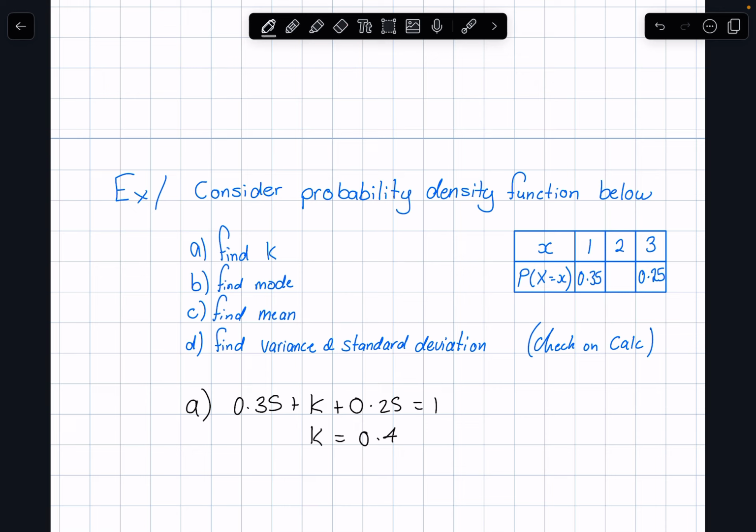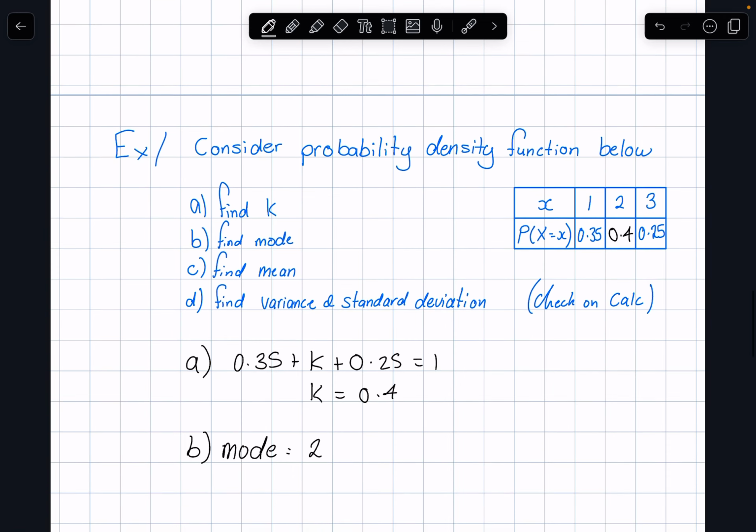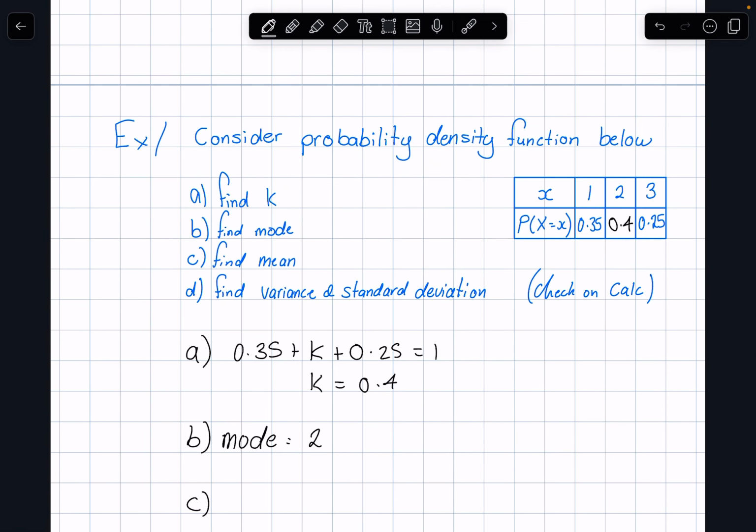So let's put that information into our table. Now the mode is the highest probability, which is in fact 0.4. So that means my mode is 2. Find the mean. So the mean is my expected value, which is the value times by the probability, and we add all of those together.